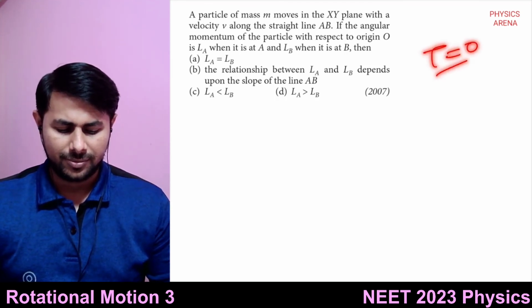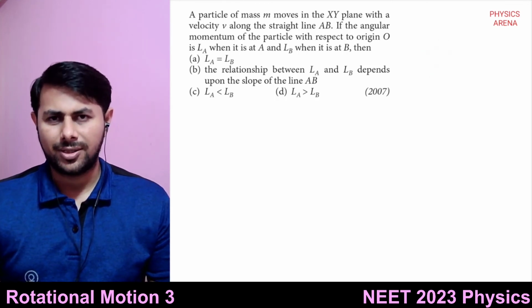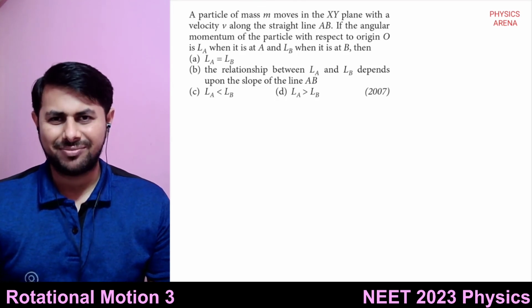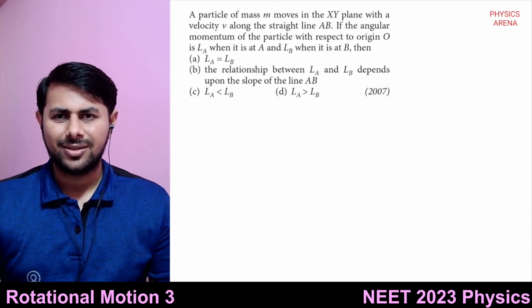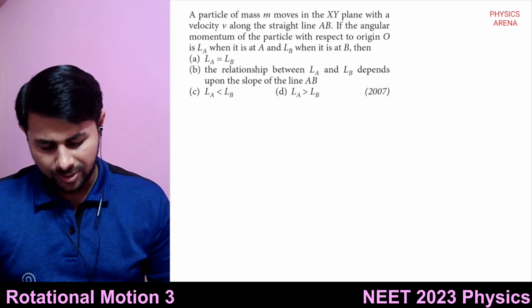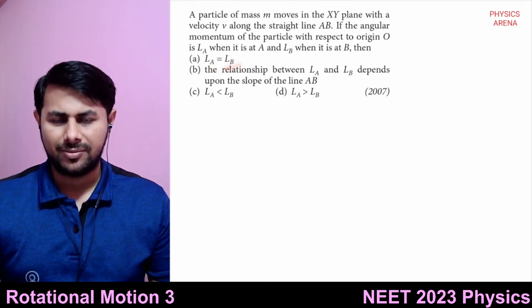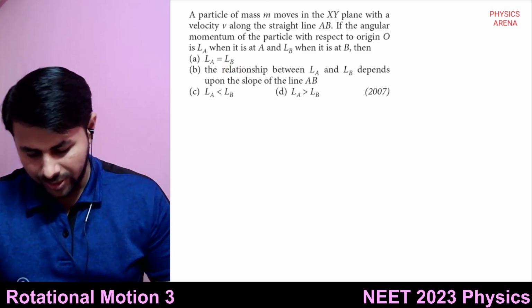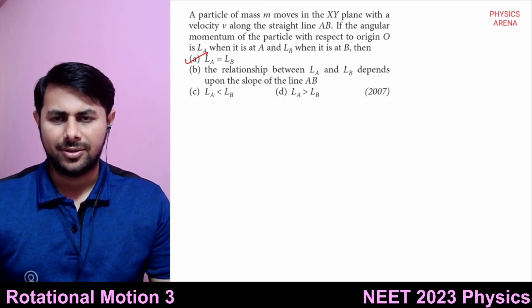Torque will be 0, right? So if torque is 0, what happens to the angular momentum? It remains constant. So angular momentum at point A will be just equal to angular momentum at point B. Angular momentum does not change; it remains constant if there is no torque acting on the particle or body. Got it? Okay, good.